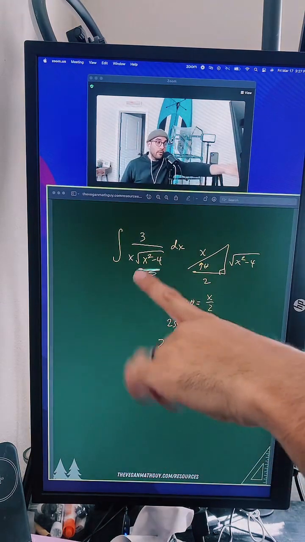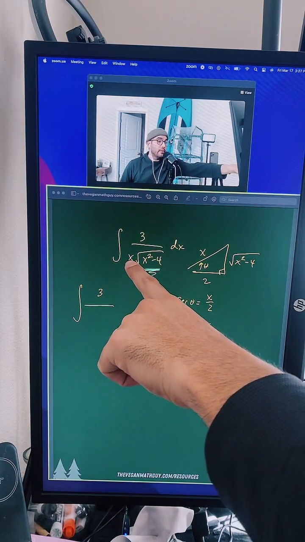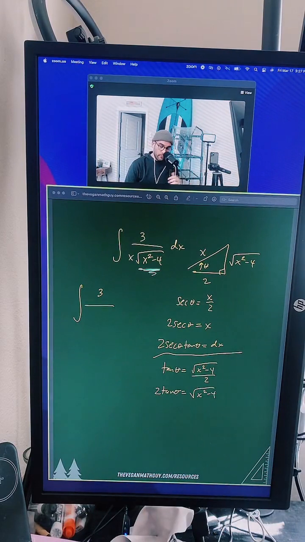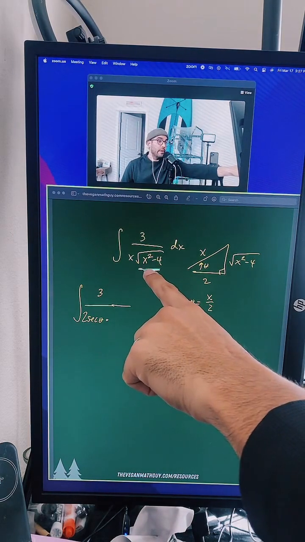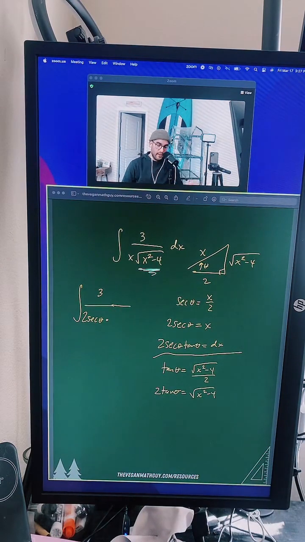We're going to move on to our integral, and that's where we're going to substitute everything that we created. So it looks like I have the integral of 3 over our x value. Look at this. 2 secant theta is equal to x. So we're going to do 2 secant theta times the root of x squared minus 4. Look at this. That's 2 tan theta.